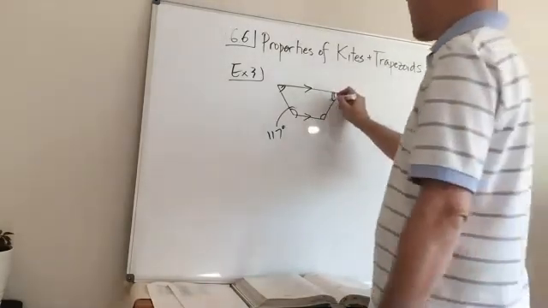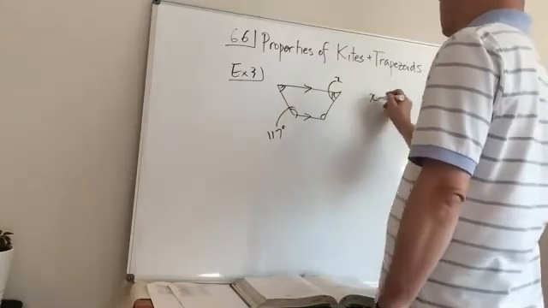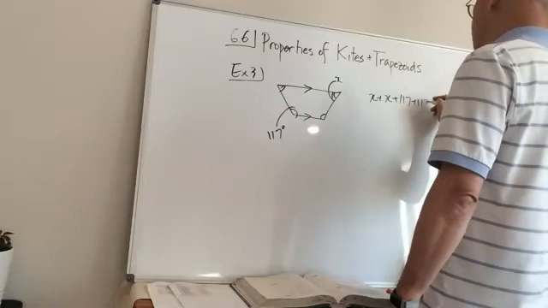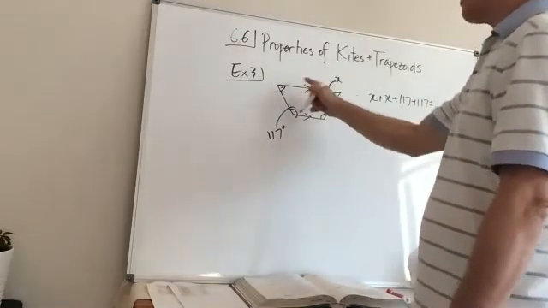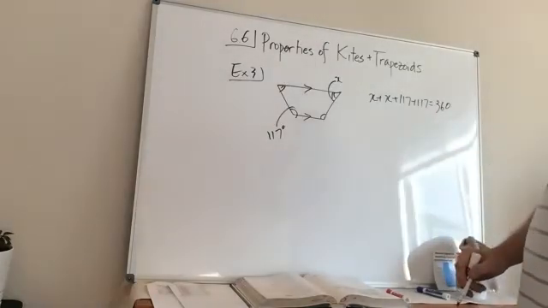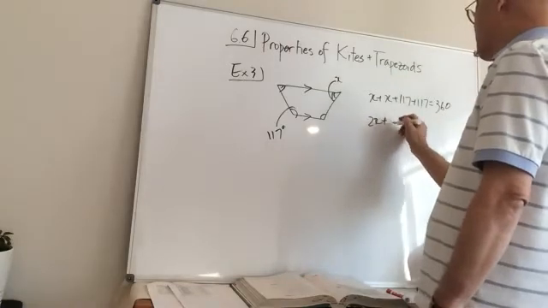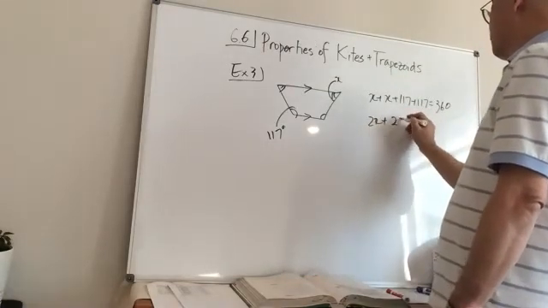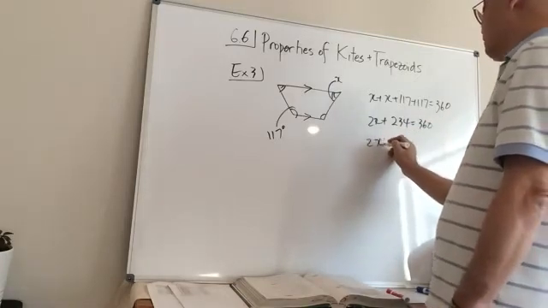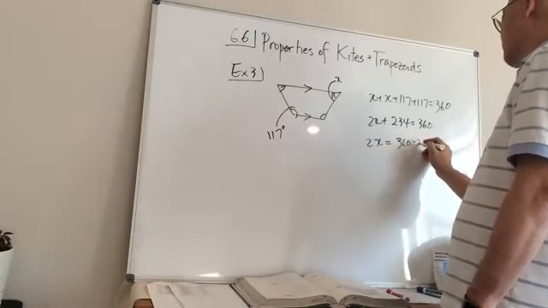So if we call this guy X, then I have X plus X plus 117 plus 117 has to be 360 degrees, correct? If I do that, I get 2x plus 234 is equal to 360. I subtract 234 on both sides.